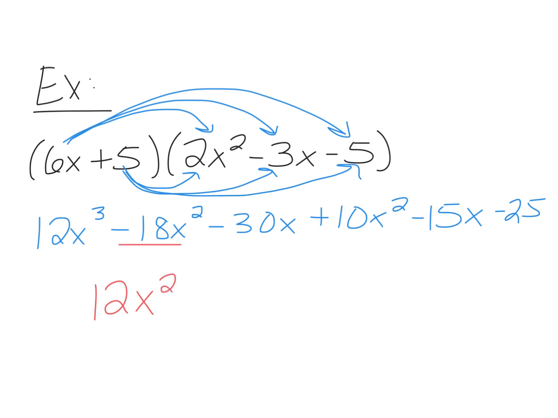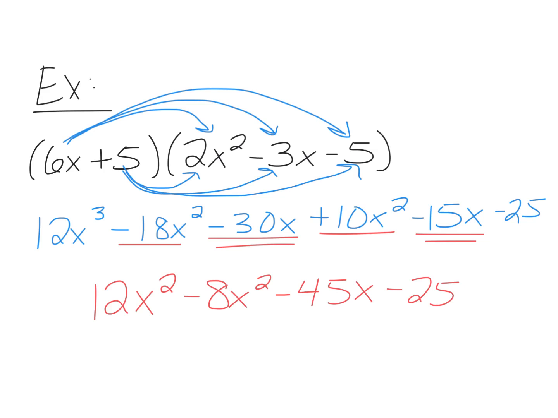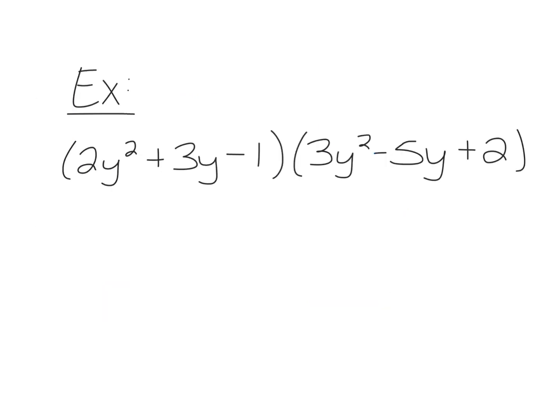Yep. Negative 18x squared plus 10x squared. So we get minus 8x squared. Does 30x have a like term? Yep. Negative 30x minus 15x. And then what do we have left? Yep. Good. Oh, I made a mistake. This is supposed to be a cubed. There you go.